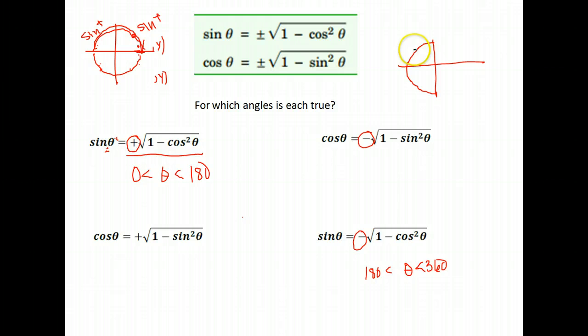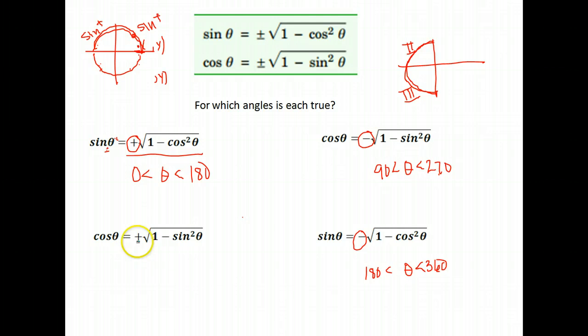On our unit circle, that would be quadrants 2 and 3. That's where cosine is negative. So this would be appropriate from 90 degrees to 270 degrees, or if you're working with pi, pi over 2 to 3 pi over 2.